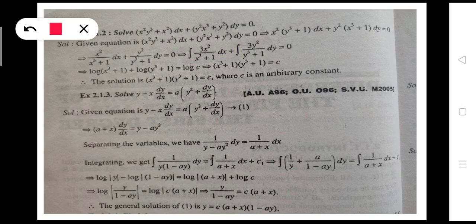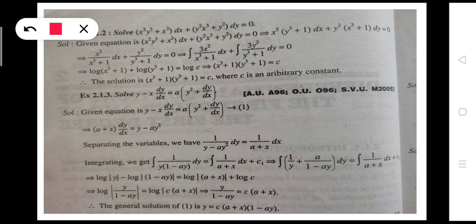Here if we observe this equation, the dy by dx terms are taken on one side and the remaining terms on the other side. That is written as a plus x into dy by dx is equal to y minus a y square. Now separating the variables, we have 1 by y minus a y square into dy is equal to 1 by a plus x into dx.